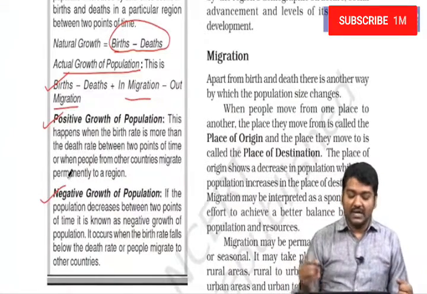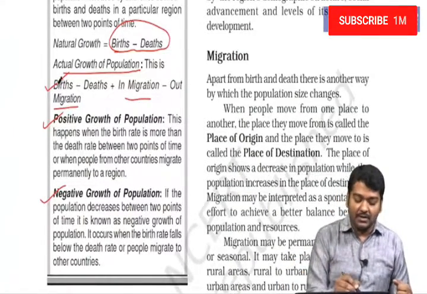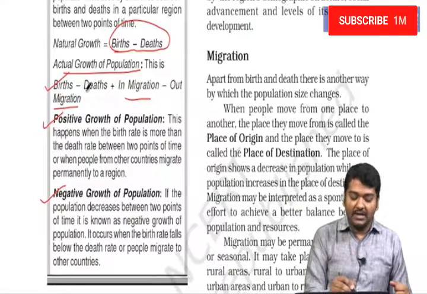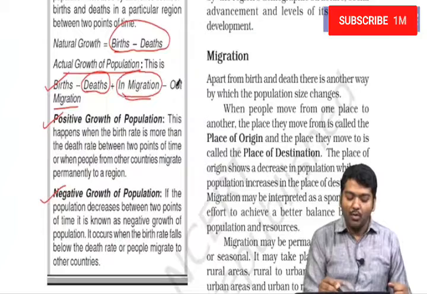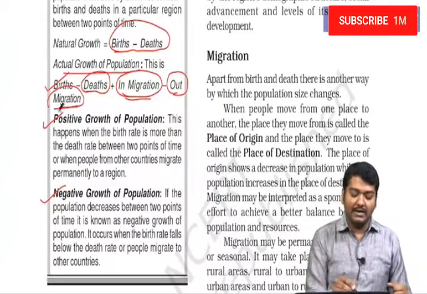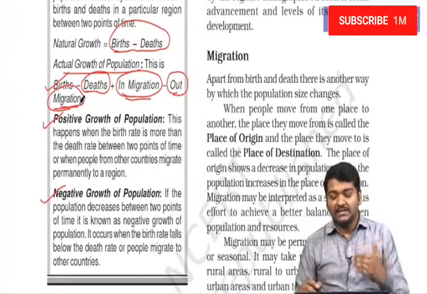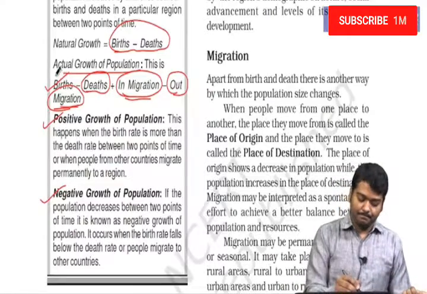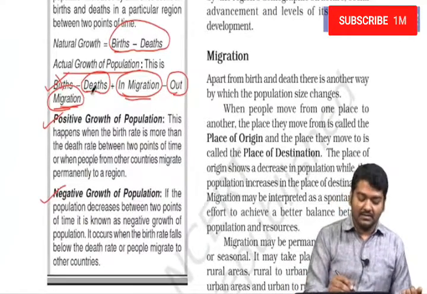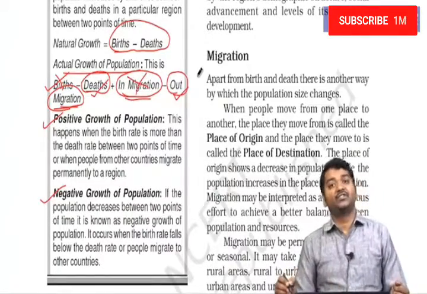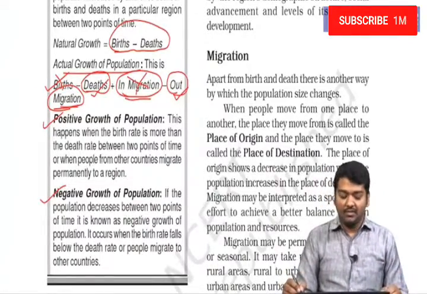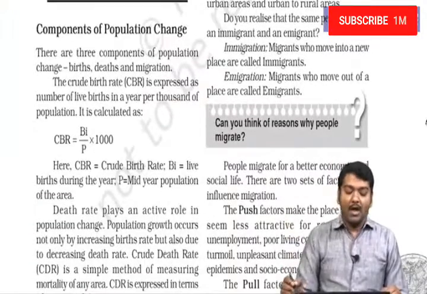What all can increase it? If it has to increase, birth rates have to be more and death rates have to be less. In-migration has to be more, out-migration has to be less. Opposite, if it takes place, it will reduce, that is, births should be less, deaths should be more. In-migration should be less, out-migration should be more. Then we say negative growth of population.